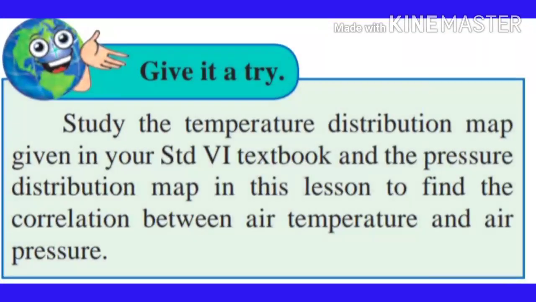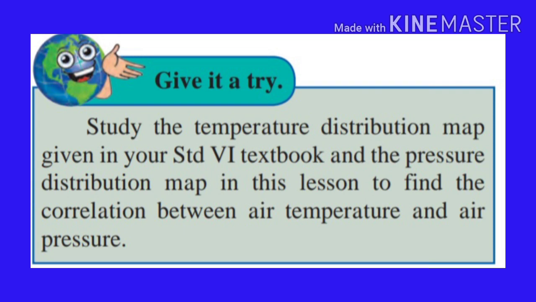Give it a try. Study the temperature distribution map given in your standard 6th textbook and the pressure distribution map in this lesson to find the correlation between air temperature and air pressure.